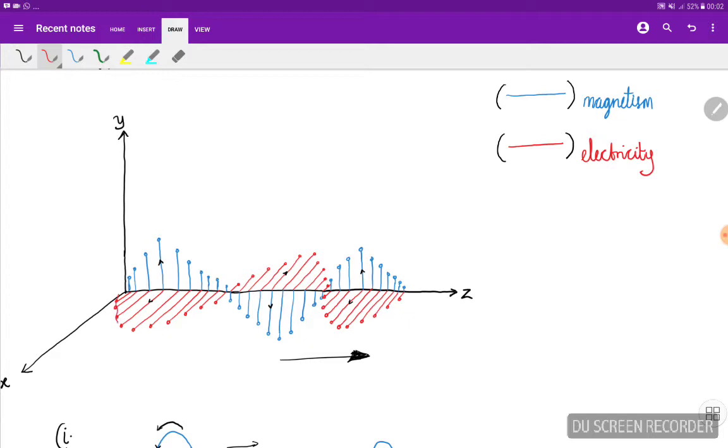This is your E going this way, and then your B field going this way.